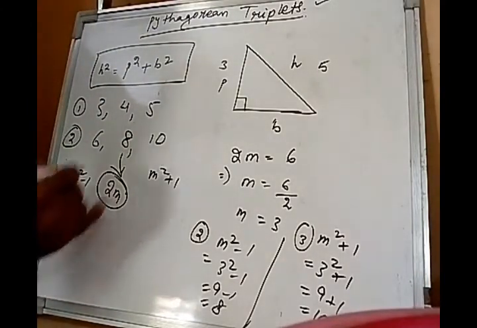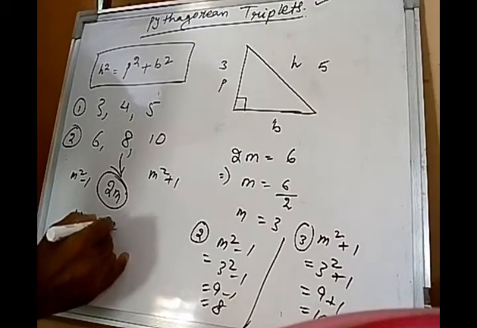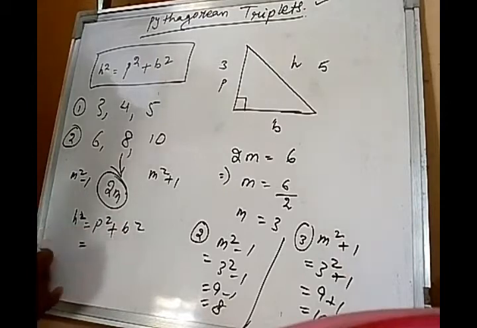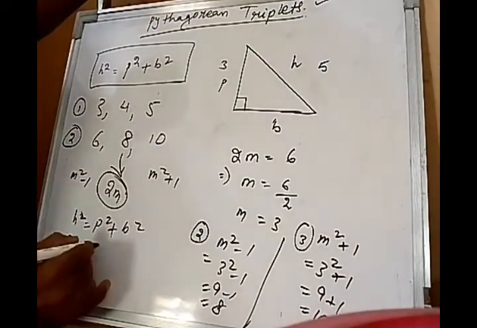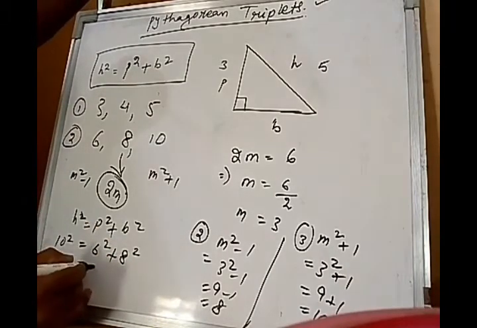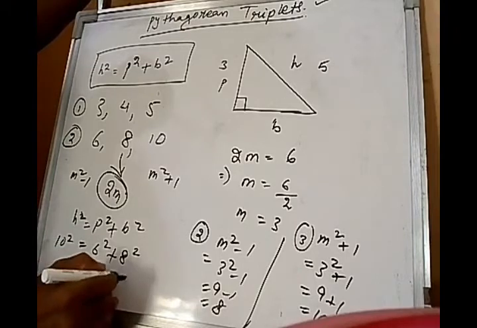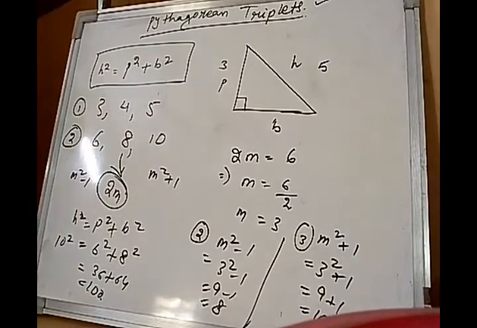If we check by using the Pythagoras theorem, h square equals to p square plus b square. Then h is 10, p is 6, b is 8. 6 square is 36, 8 square is 64, that equals 100, and 10 square is also 100.